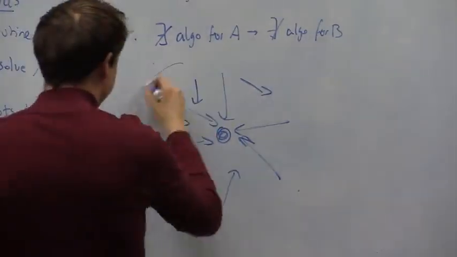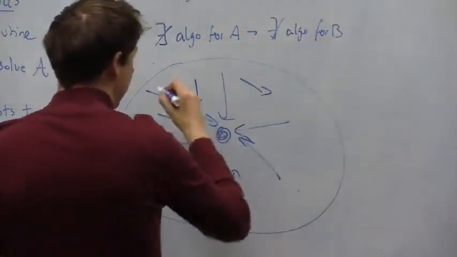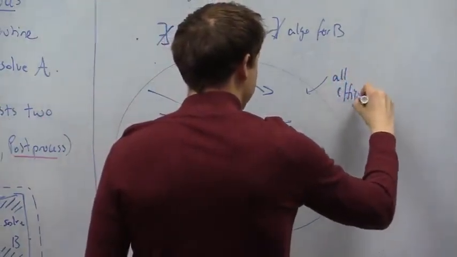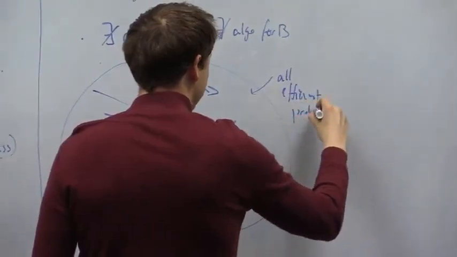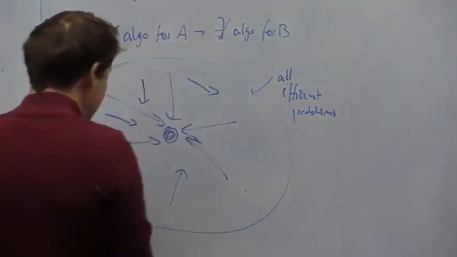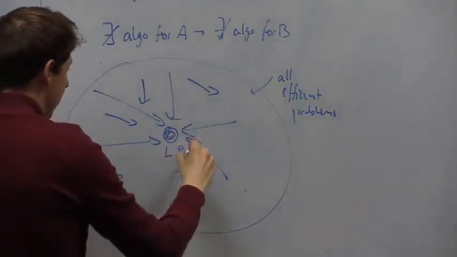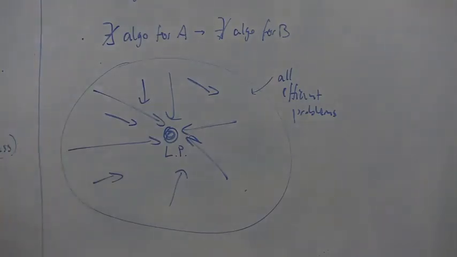And we'll show now that if this is the set of all efficient problems, one problem that can be used to solve any other efficiently solvable problem is linear programming. We're going to prove that everything can be reduced to linear programming.